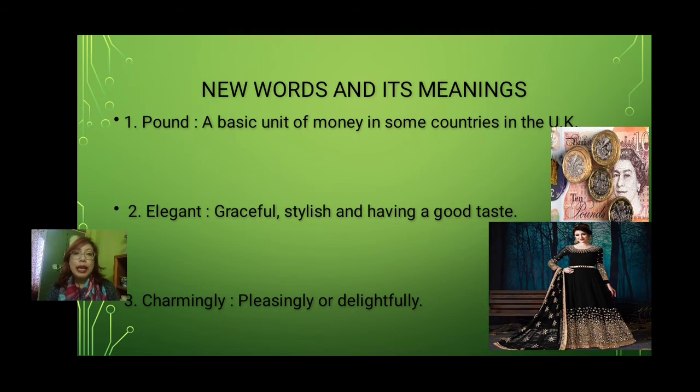Elegant means very graceful and stylish and also having a very good taste. Charmingly we have seen. What's the meaning of charmingly? Means pleasingly or delightfully. Very pleasing, very delightful.